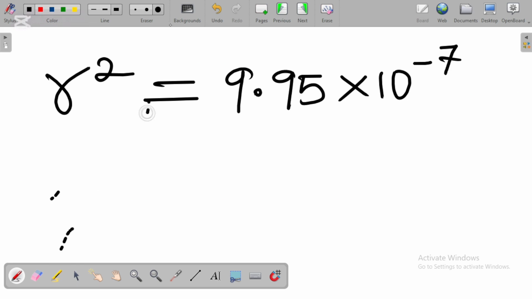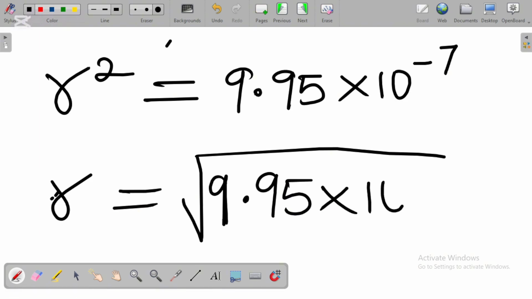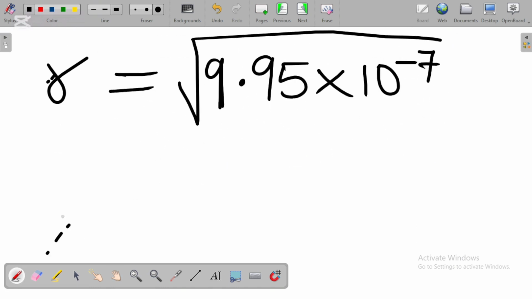So we are going to take the square root of both sides since r is raised to power 2. So if we do that, r will be equal to square root of 9.95 times 10 raised to power negative what? 7. So therefore, r is equal to, kindly punch your calculator, square root of 9.95 times 10 raised to power negative 7.